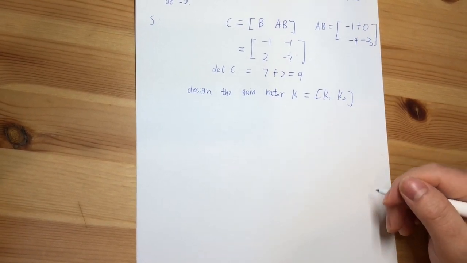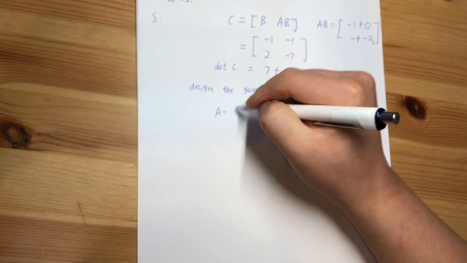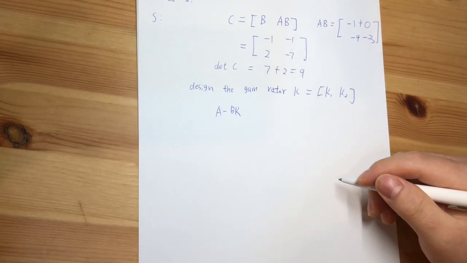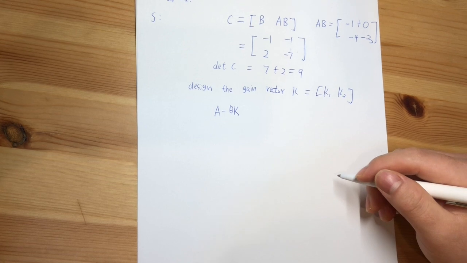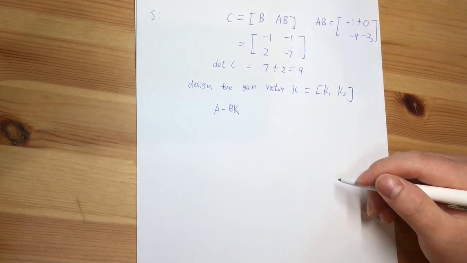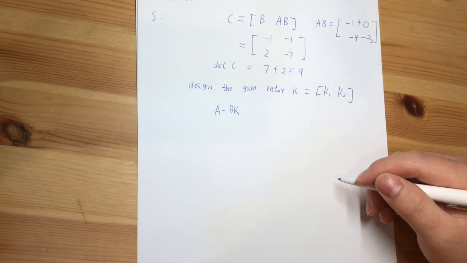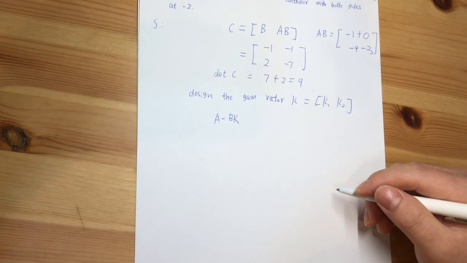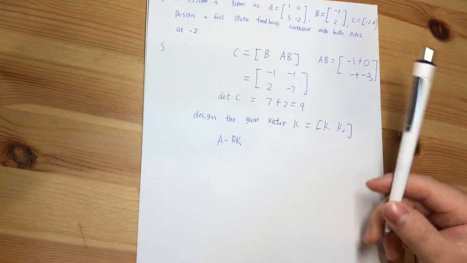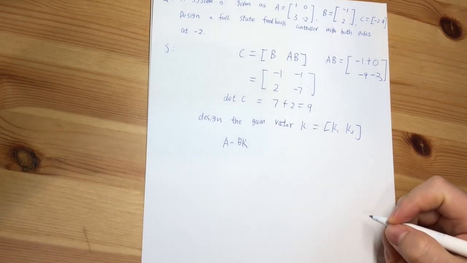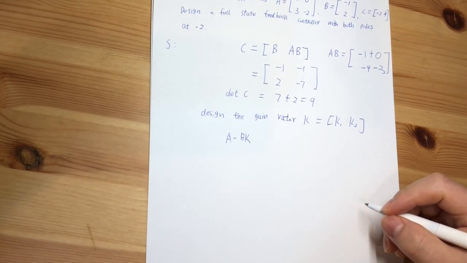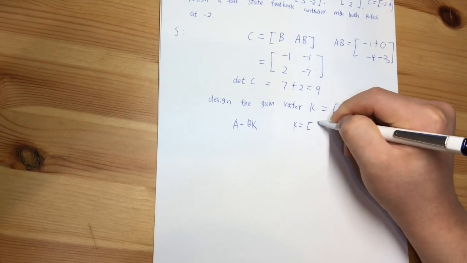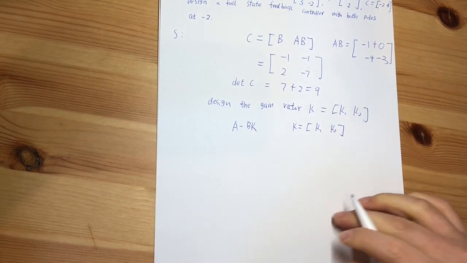The eigenvalues of the matrix A minus BK are called the regulated poles. If these poles are placed in the left half s-plane, we can say that the system is stable. If the order of the system is bigger than 3, this method can be complex. So we consider a second order system here.